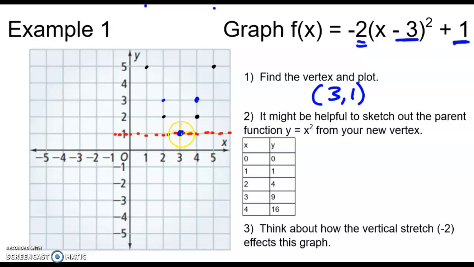So if we flip it upside down, instead of, again, our points being over 1, down 1, I wanted to stretch this by a factor of 2. So it's going to be over 1, but down 2 from that vertex. Okay, then over 2, normally it would be down 4, but since I'm doubling that, it's going to be down 8. So 4, 5, 6. Just barely hanging off the screen here.